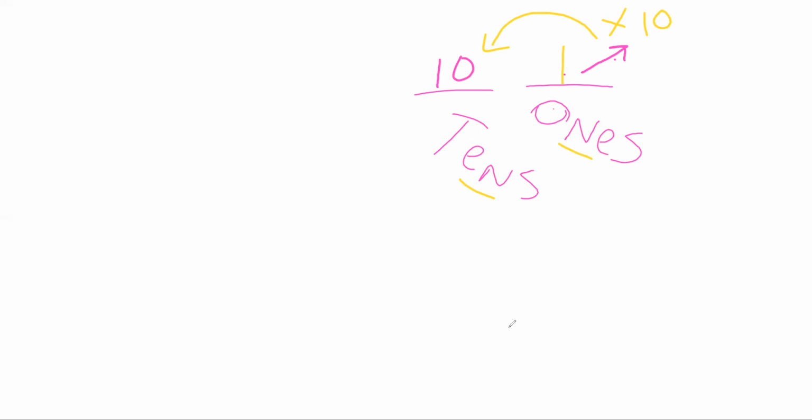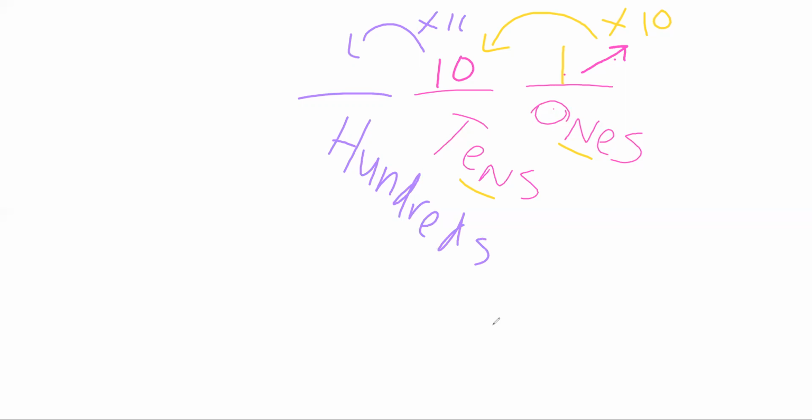And if we had the next place value, that'd be hundreds, right? We're going to get 10 times larger. 10 times 10 equals 100. So really, when we think base 10, we're always getting 10 times greater. We'll just do the last one for fun, because this is thousands.